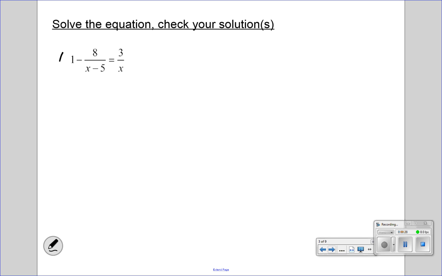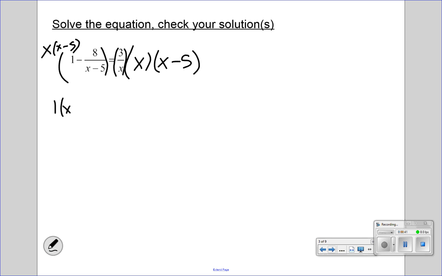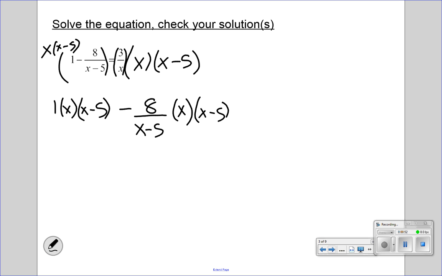Our common denominator is x times x minus 5. So when we multiply 1 times x minus 5, and then we're going to subtract our 8 over x minus 5 times x minus 5, and that equals our 3 over x times x minus 5.